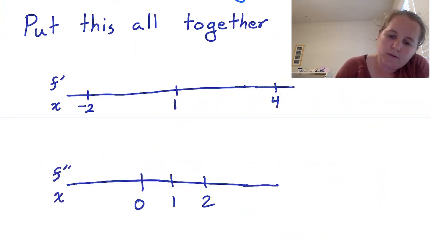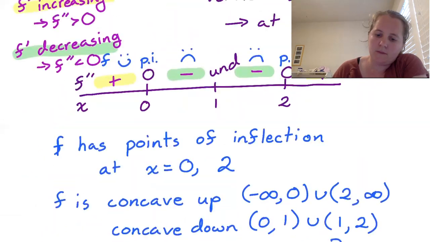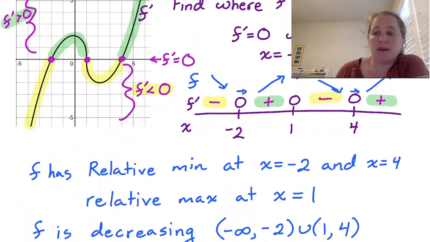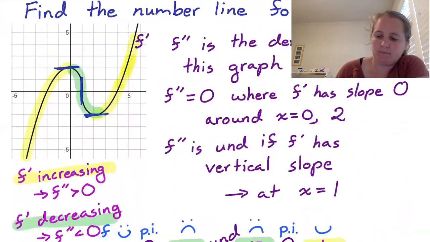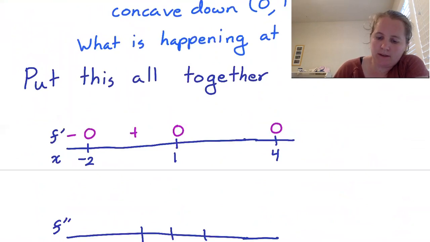The first derivative was 0 at all three of those points of interest, -2, 1, and 4. And we were negative, positive, negative, positive.